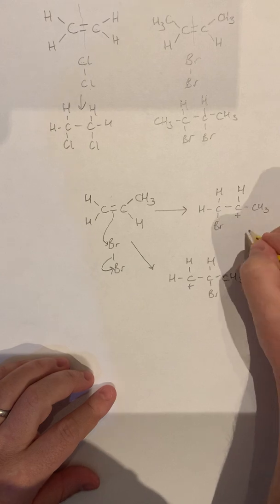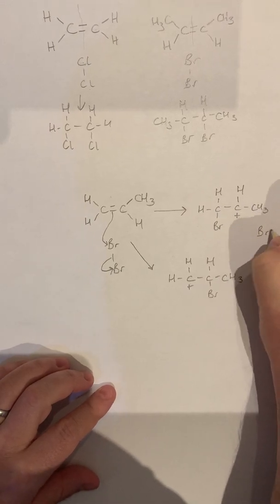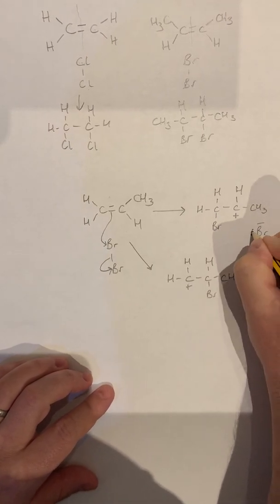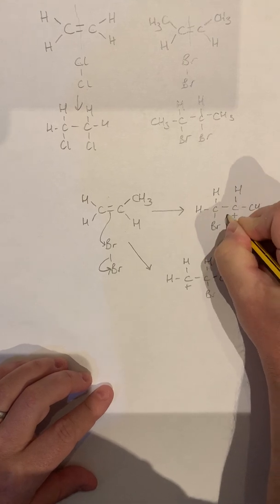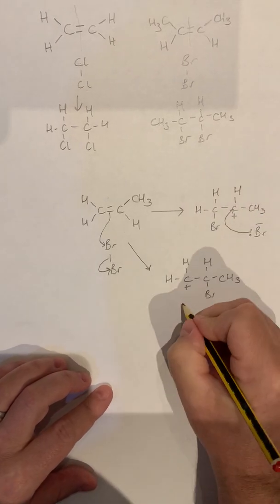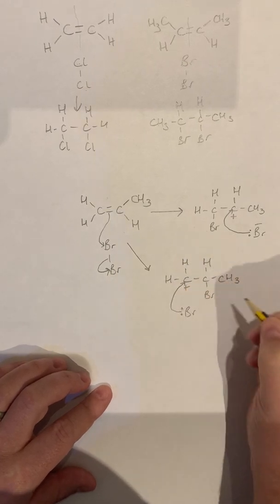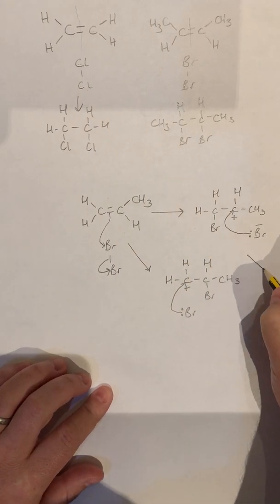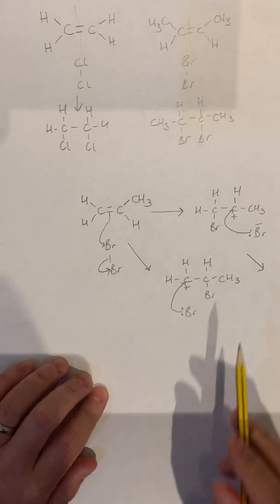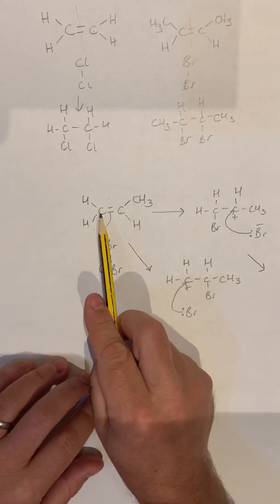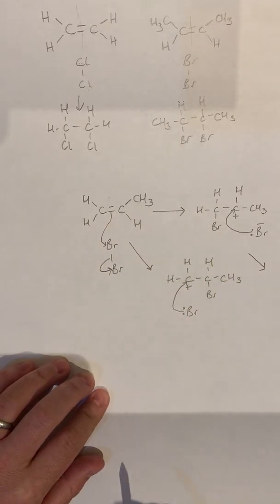Now, ultimately, we end up with the final step of the mechanism, where that will attack the carbon with a positive charge. And in both cases, we still end up adding a bromine onto that carbon and a bromine onto that carbon.